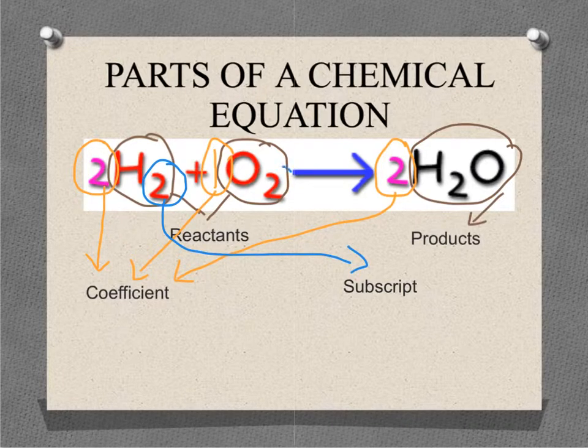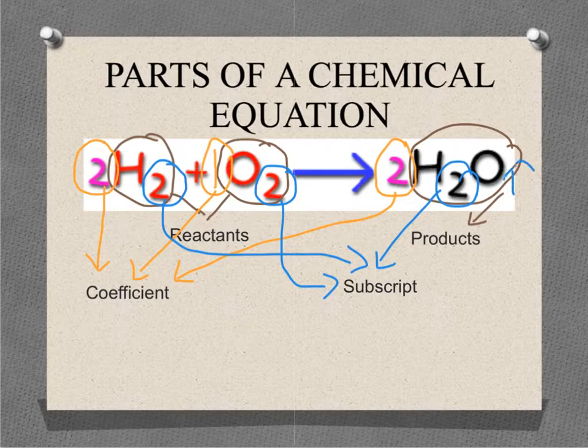And for oxygen, you have 2 oxygen. Over in water, water is made up of 2 hydrogen. And since there is no subscript here, we read that as a 1. I'm going to write a 1 here. And we read that to say that there is 1 oxygen. So there's a subscript 1 there.